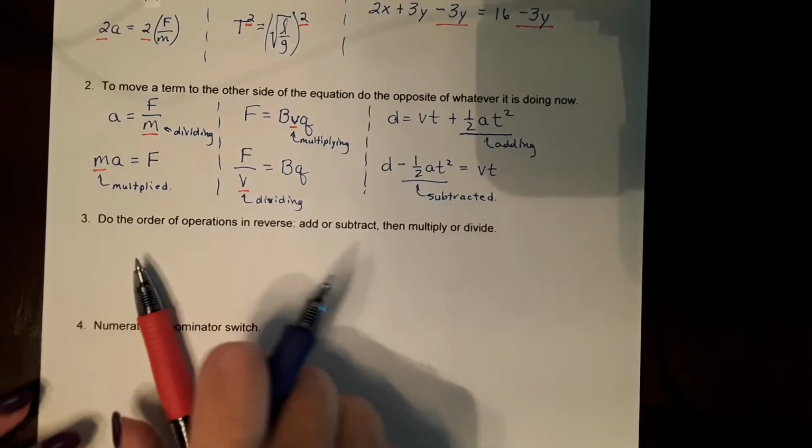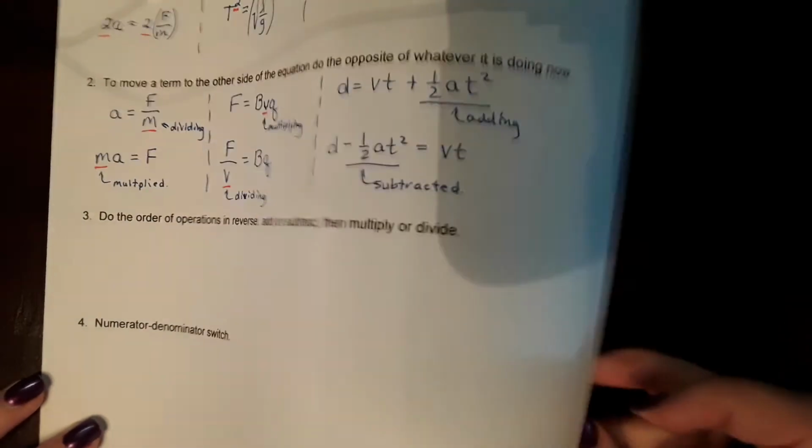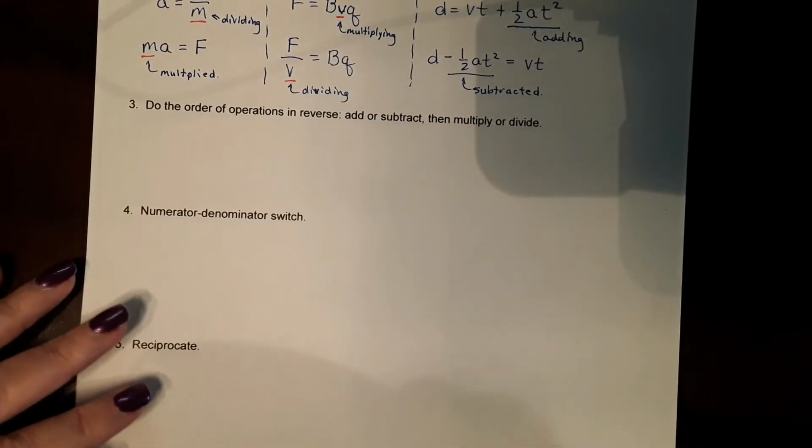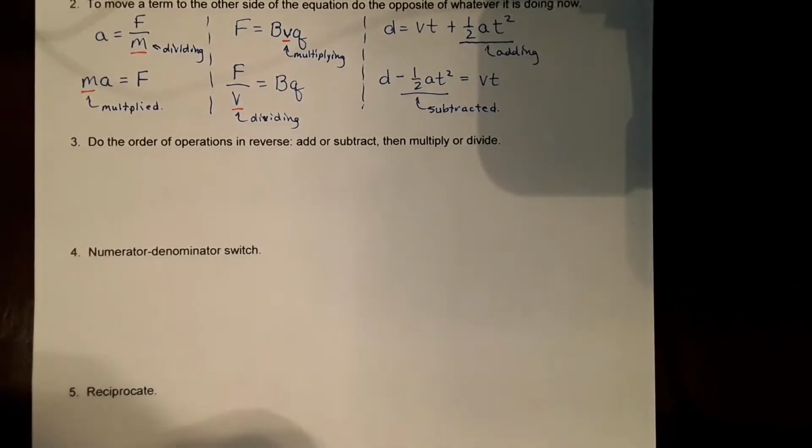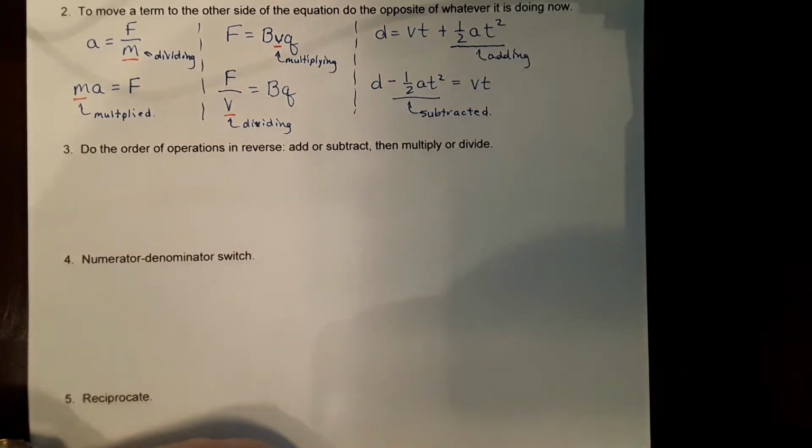Okay, the third trick we're going to look at is do the order of operations in reverse. Now, as you guys know, whenever you're doing order of operations, you always start with exponents, and then you do what's inside parentheses, and you multiply or divide, and then last of all, you do any addition or subtraction.